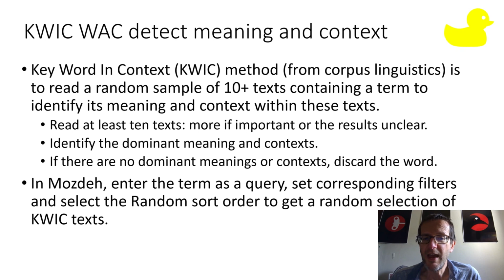Mojday will then give you the quick text, the keyword in context text, so the text containing the word that you've chosen with the appropriate filters. It'll list the first, I think, 43 matching texts, and you read the first 10 to identify the context. We'll practice that later on in the day, in the afternoon.